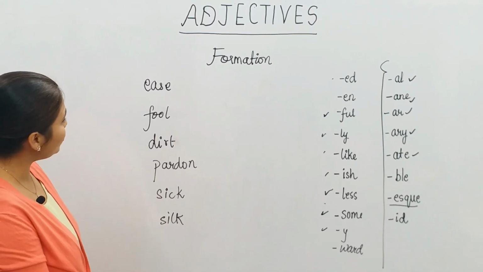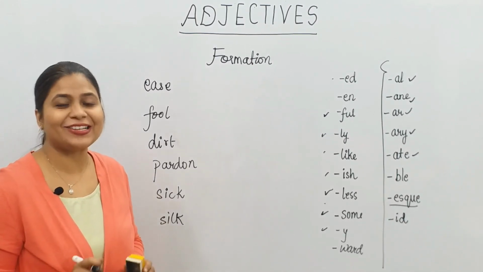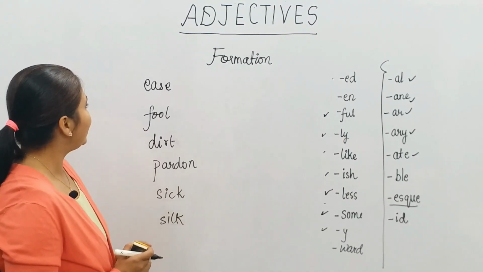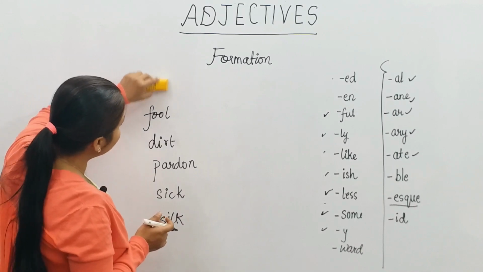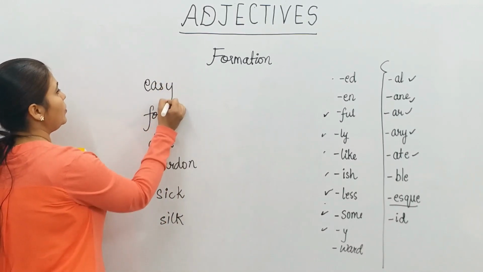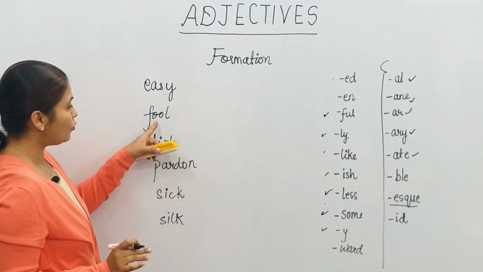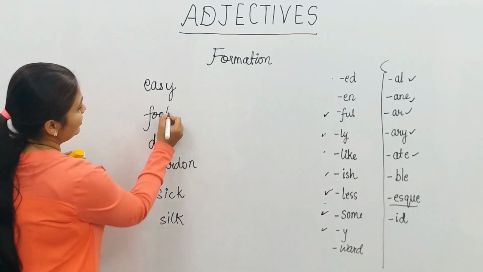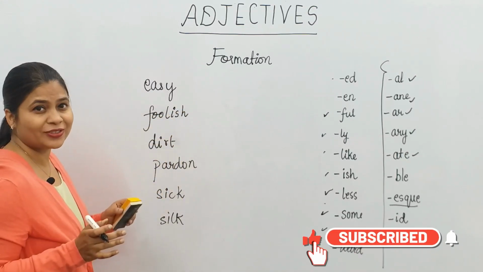So I have for you 1, 2, 3, 4, 5, 6 words, and together we are going to make the adjectives out of them. Ease. Remove the E, put a Y. Easy. That's the adjective. Fool. Add ISH. Foolish.